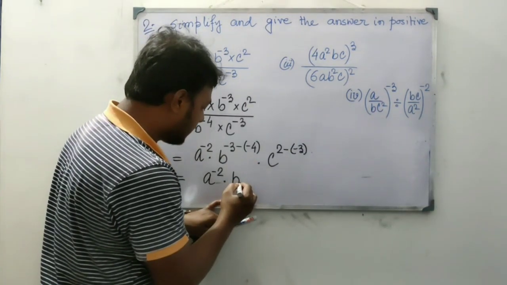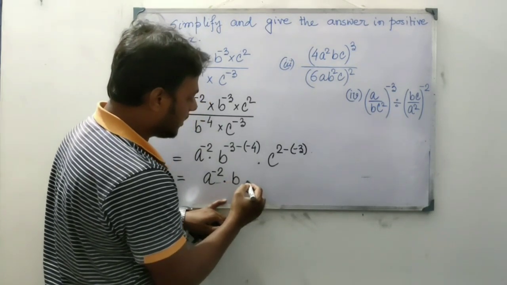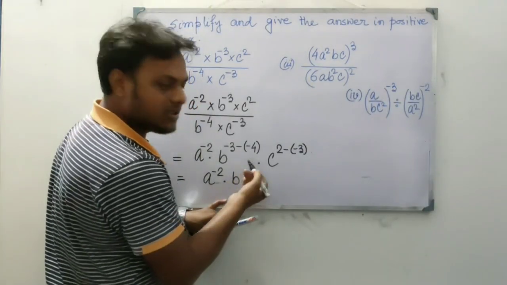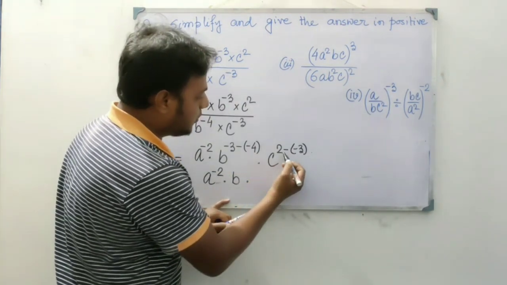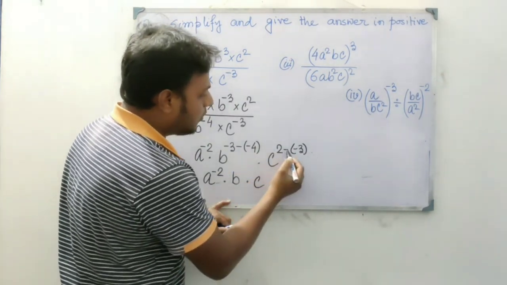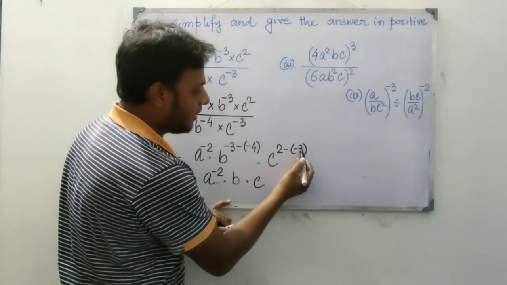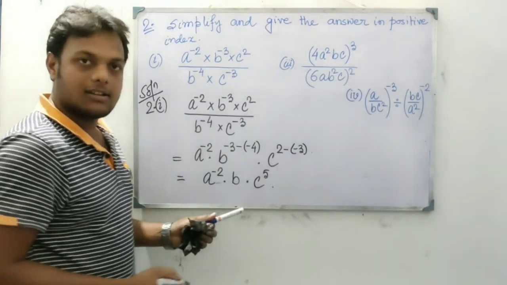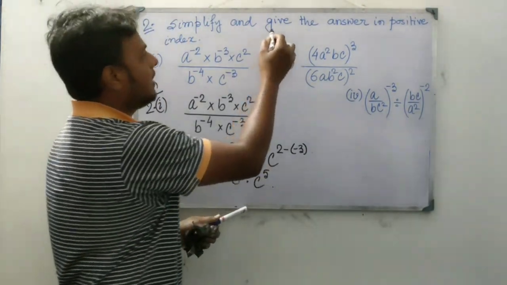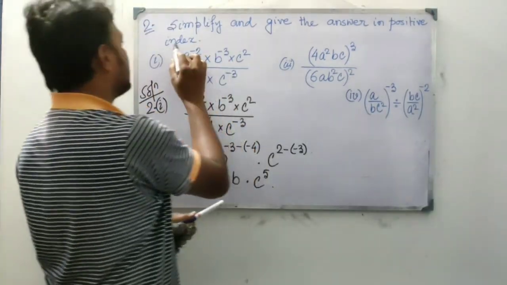So the power of b will be 1, and 1 means you can keep it empty. C to the power 2 minus minus plus 3, so 2 plus 3 means 5. So is this the answer? No. Read the question: give the answer in positive index.